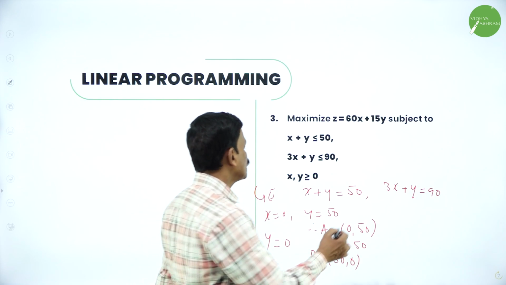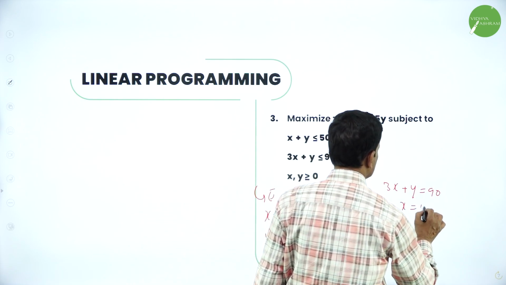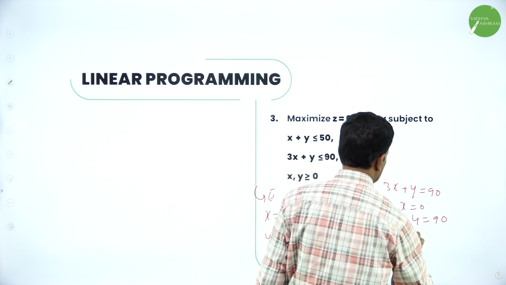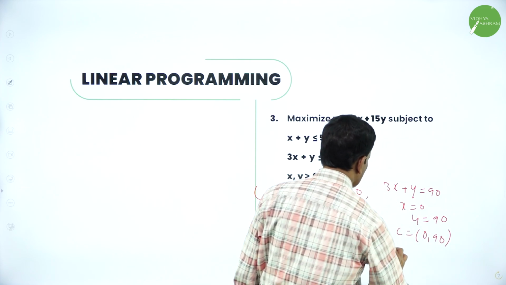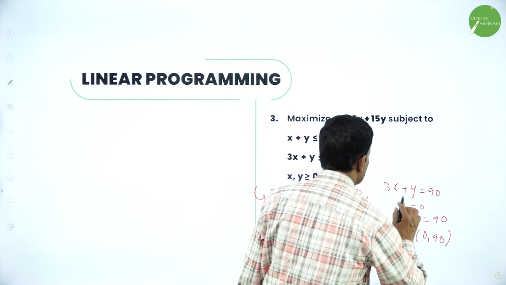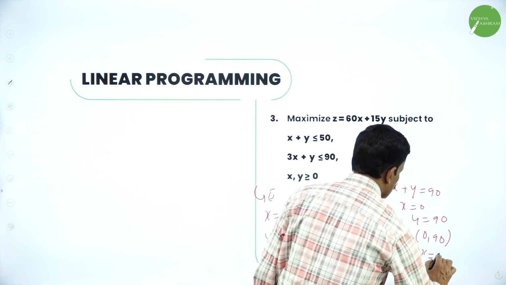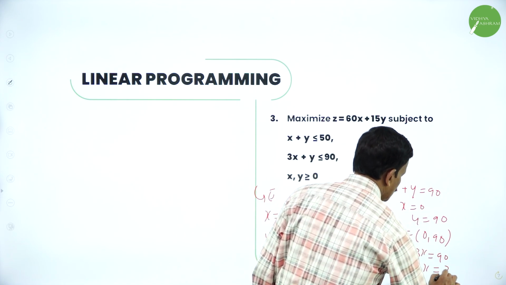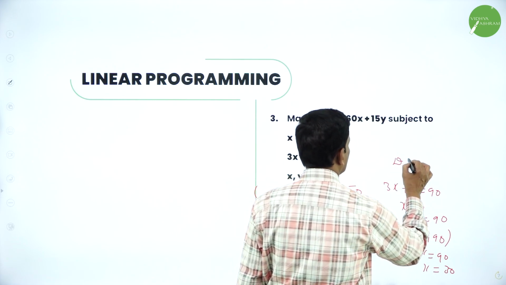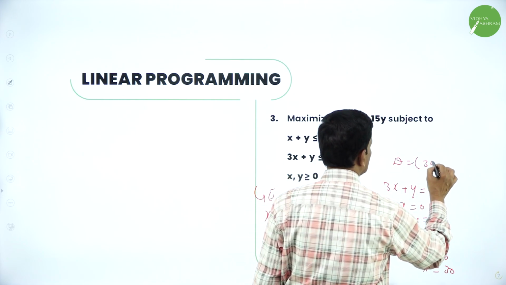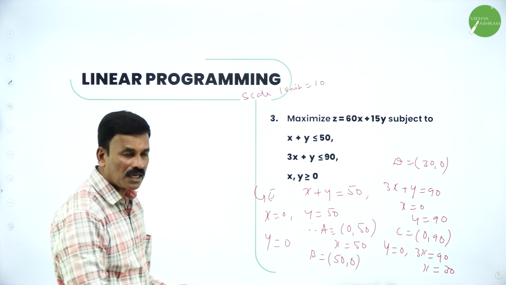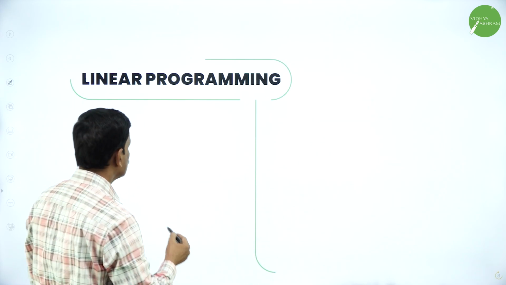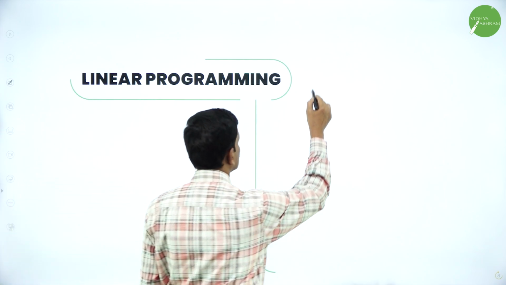And here, if you put x is equal to 0, y is equal to 90, the point C is 0 comma 90. If we put y is equal to 0, then 3x is equal to 90, x is equal to 90 by 3 is 30, and the point D is 30 comma 0. So these are the points. I'll draw the graph on the next page. This is the graph. Let me consider this.